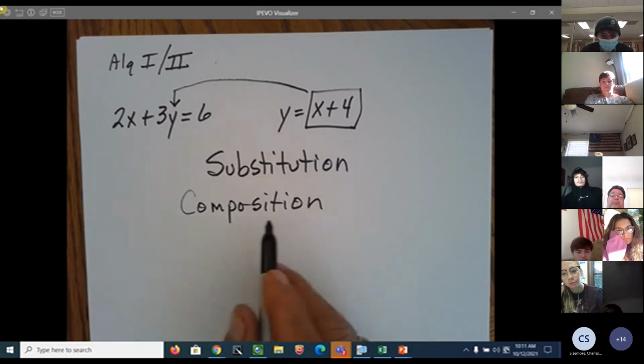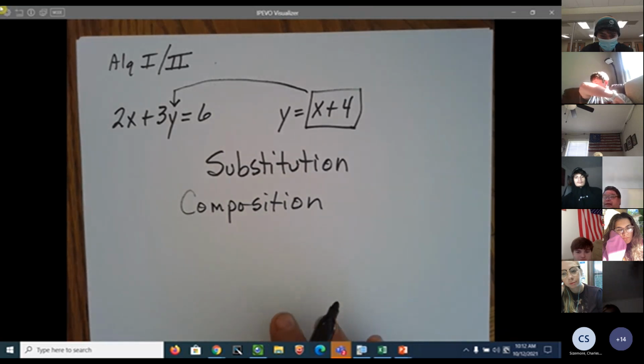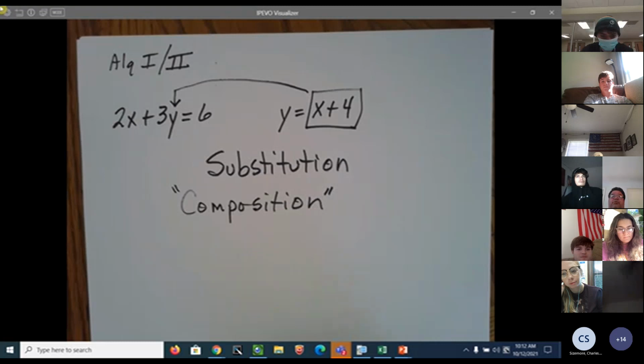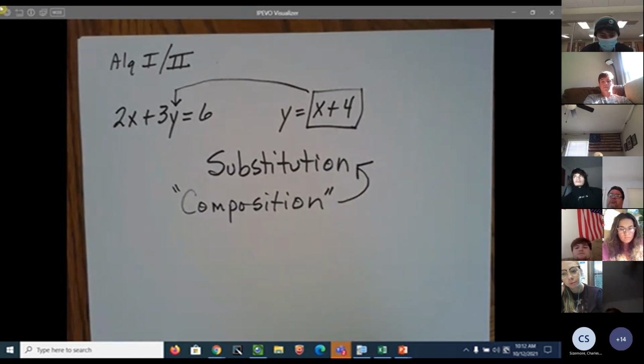I always want to spell composition with compost. So if I didn't spell it right, just go jump in a lake. All right. Composition is nothing but what? Substitution. Everybody with me? Okay, because this is where a lot of people get confused.